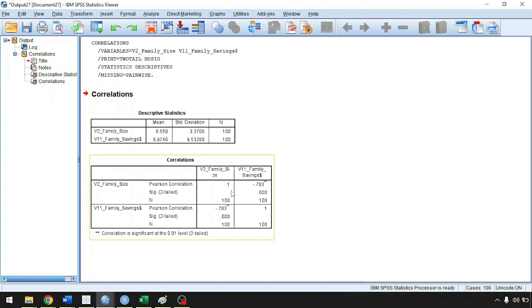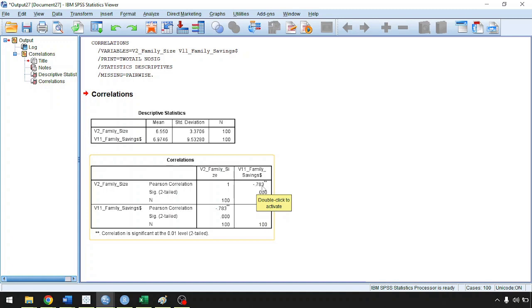The output says, let's just forget about the mean and standard deviation. Look at the Pearson correlation coefficient. So the coefficient for family savings and family size says that it is negatively correlated, and it gives us this number, minus 0.783.